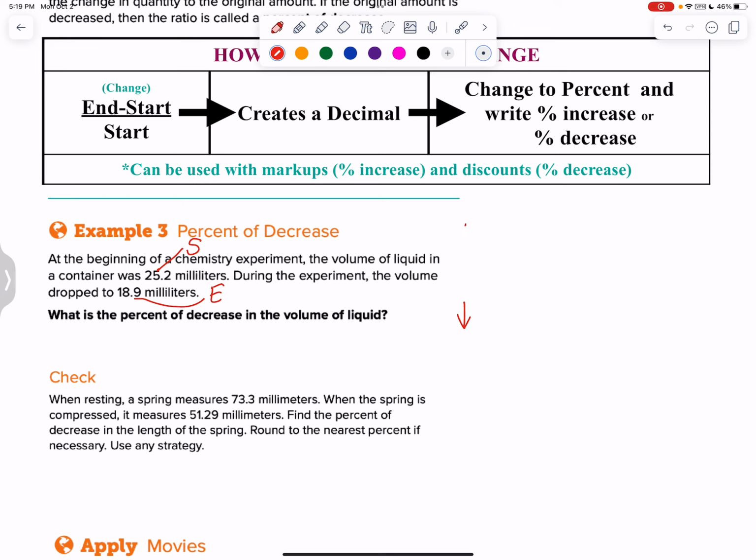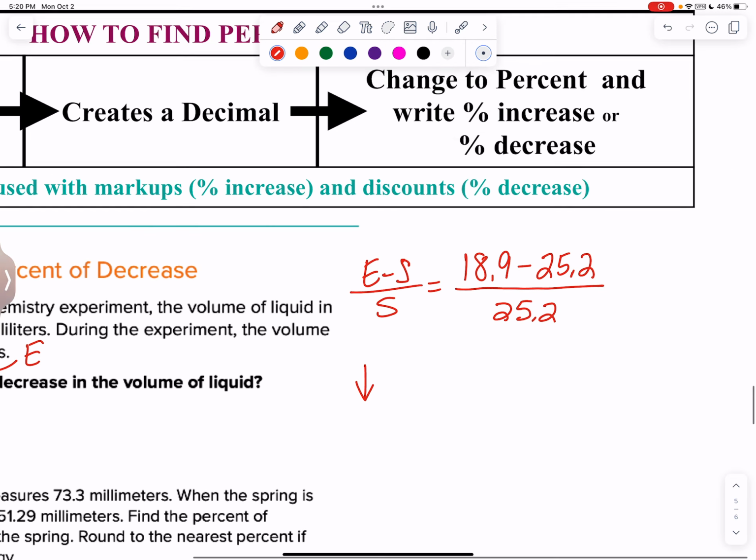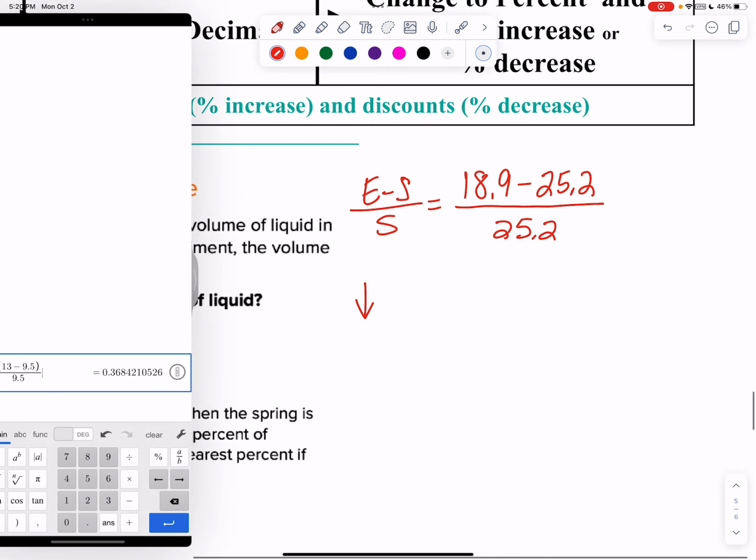So we're going to do the same thing, end minus start over start. Write the formula every time so you get in the habit and don't forget. Now the end is the 18.9 minus the 25.2 divided by the start, which was the 25.2. You are going to have a negative number in the top, and that's okay. So let's play this out and see what happens.